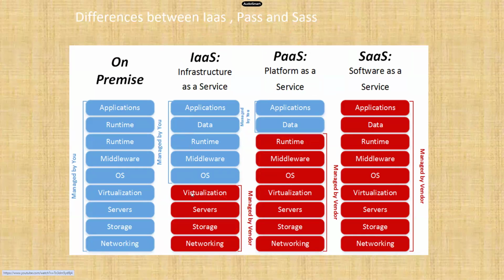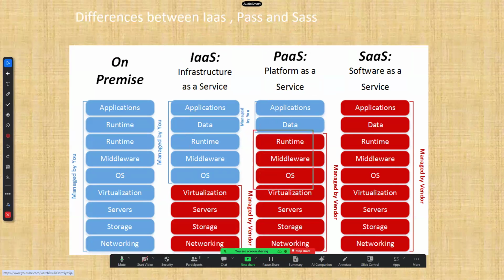Environment is ready, so you can deploy Java, PHP, Python, Ruby, Node.js, whatever type of application you would like. Next, this is about SaaS, Software as a Service. See guys, nothing is in your hand. Everything will be taken care of by the vendor.